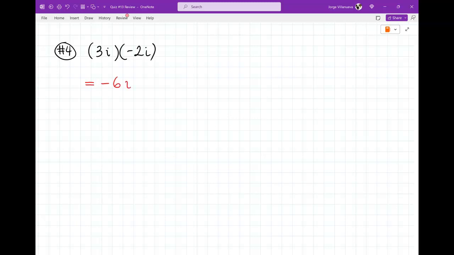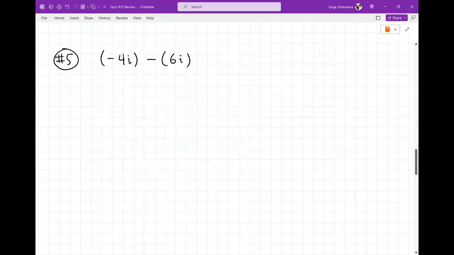And i times i is i squared. But we know i squared is -1. So -6 times -1, that's a +6. All right, so there's that problem right there. Any questions so far on those? So i squared is -1, okay?